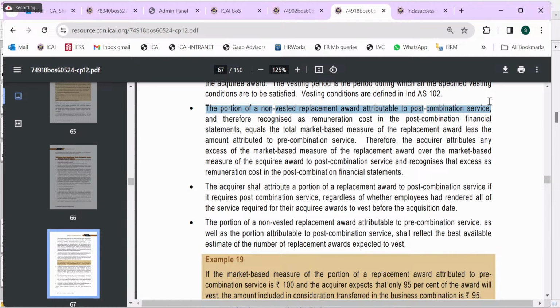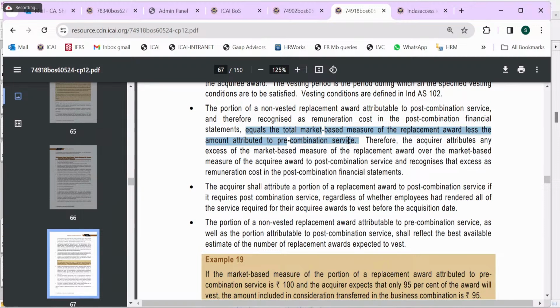So for the post-combination period, there are two things. The remuneration cost of the post-combination period equals the total market measure of the replacement award less the amount attributed to the pre-combination period. These are the relevant information required for solving that particular issue. So first we have to compute the original award's fair value, what vesting period has lapsed or completed, and what is the total vesting period.